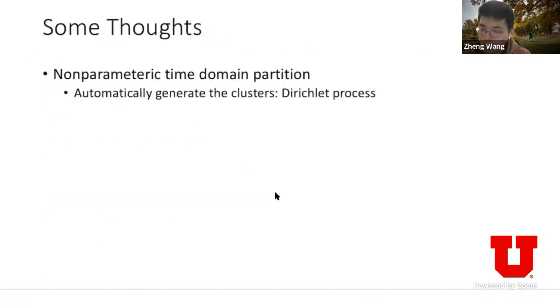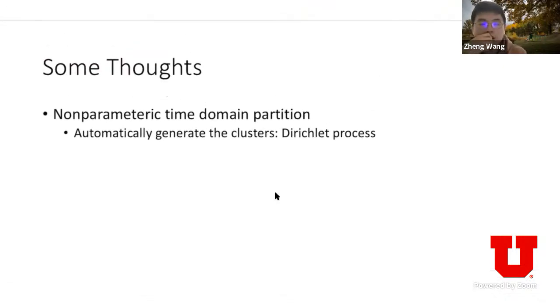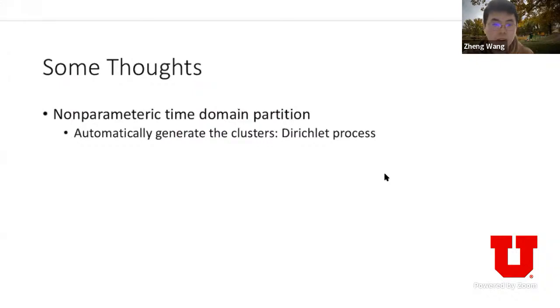What I mentioned in the last slide is that I just want to find a way, if you only have two layers, for the second layer, to do the partition automatically, not just in a binary way, but find different groups.